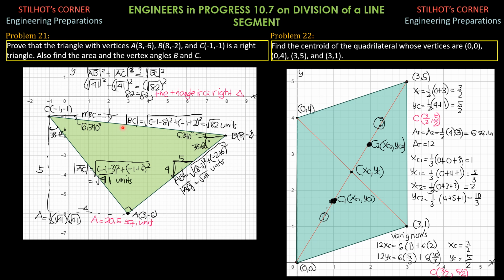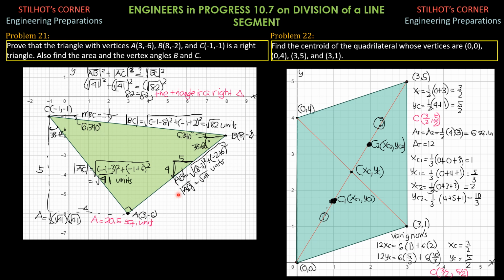This is, by the way, calculator aided. Inverse tangent of 1 over 9 is 6.34 degrees. So again, 1 over 9 is 6.34 degrees. So also this angle that side BC makes with the horizontal is also 6.34 degrees.